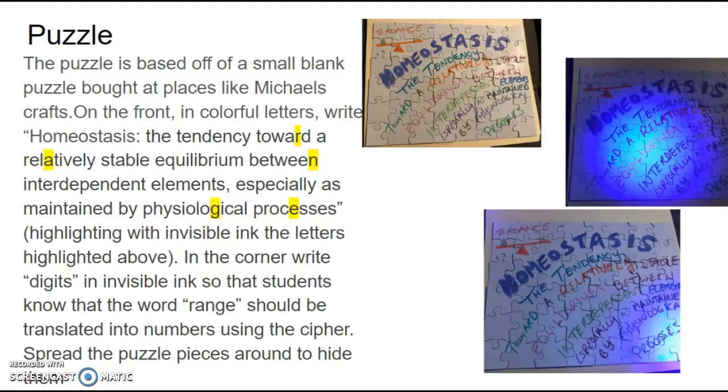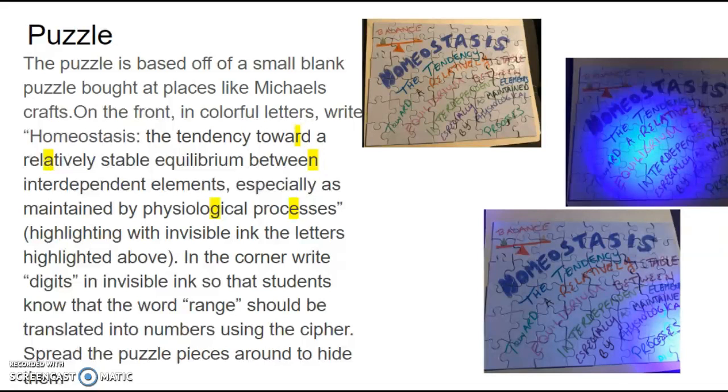And the next thing is the puzzle. So the puzzle is something that you have to put together, and it basically is just the definition of homeostasis. And you'll see here that certain letters are highlighted, and they'll be highlighted in invisible ink. I tried to take a picture of that. It was kind of hard to. So you're going to circle or highlight certain letters. It spells out the word RANGE.